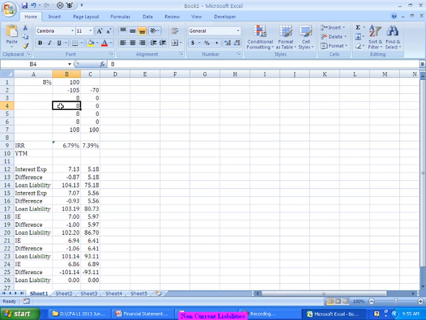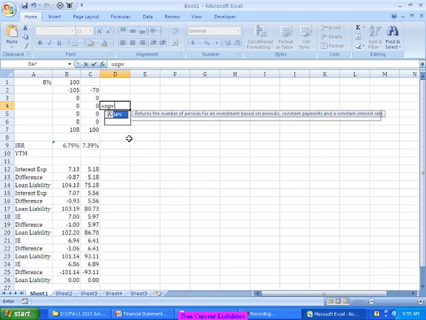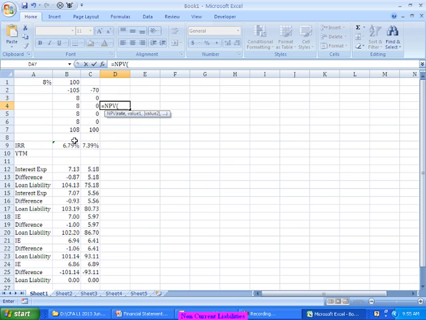So in future, only these four payments are yet to be received. So find the NPV of these four using this interest rate. So if I am finding the NPV of those four using this as the interest rate and only these four as the payments, it is 104.13.